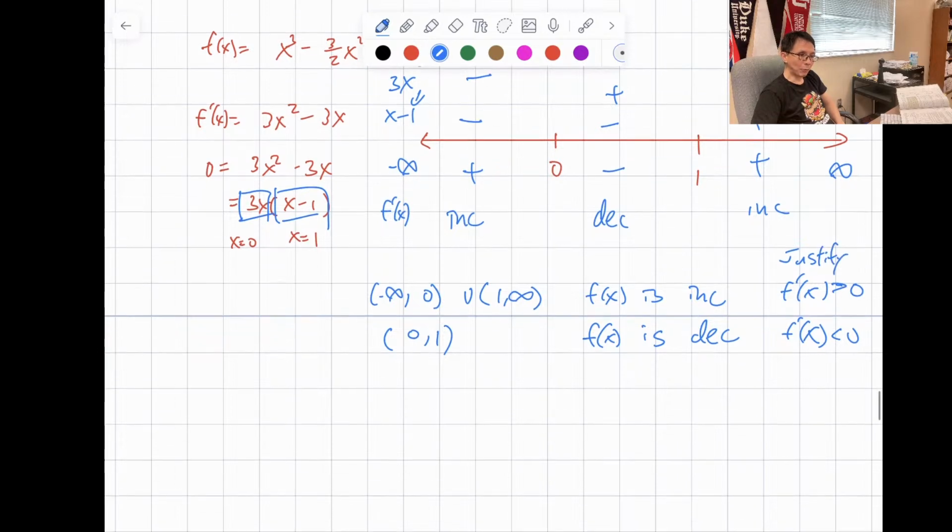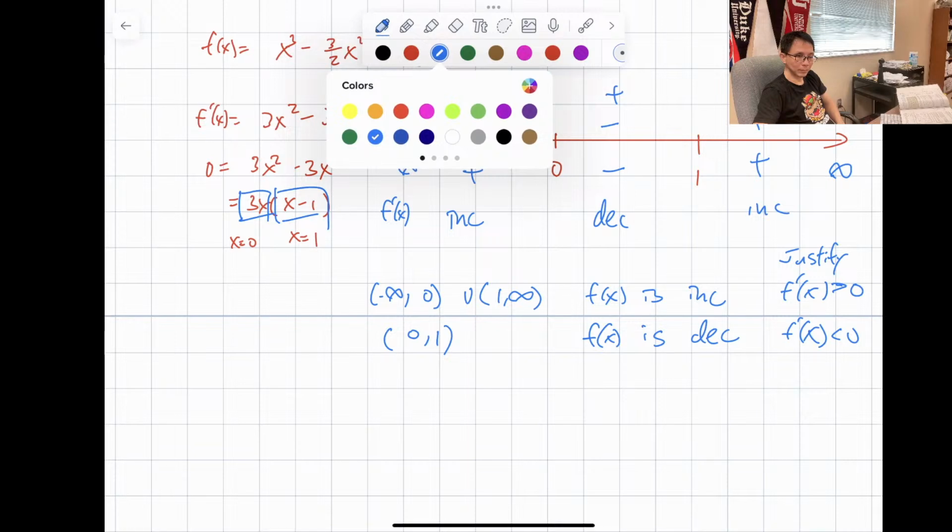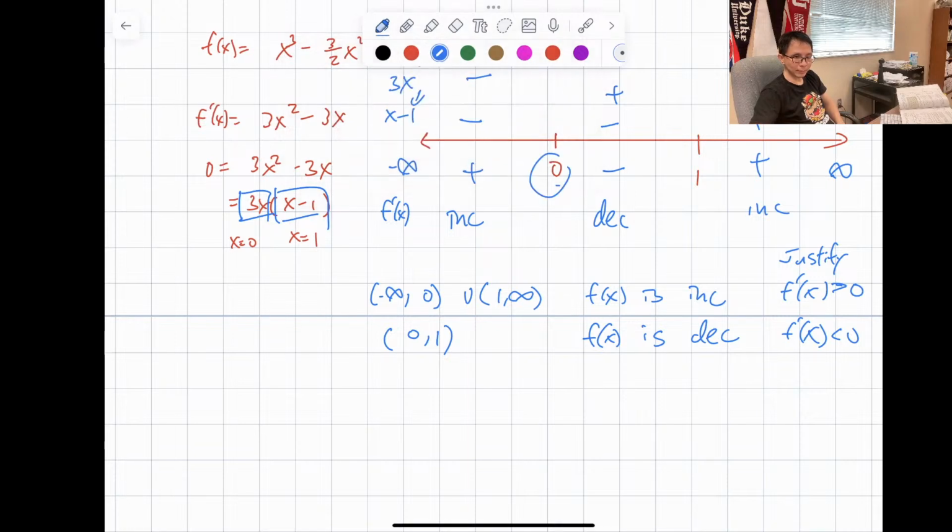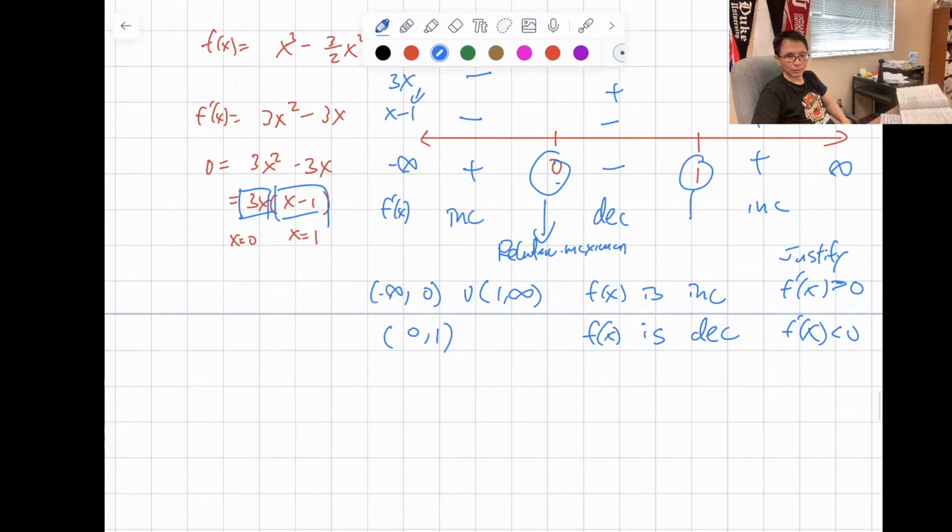Right? Now what happened at 0? 0 is what? Maximum. Relative maximum. Thank you. Why? Because you go up and come back down. That's the part where it changes from increasing to decreasing.